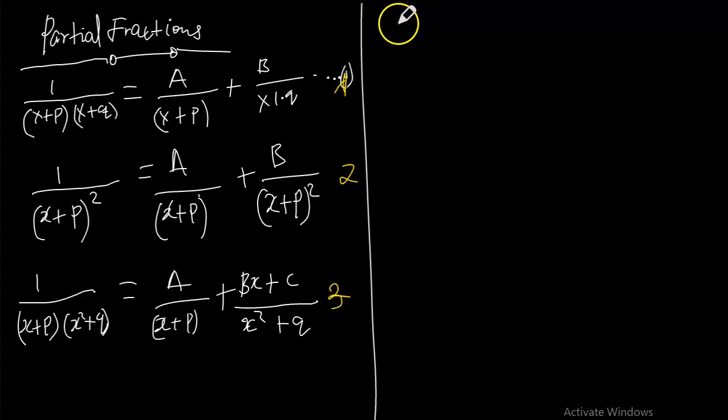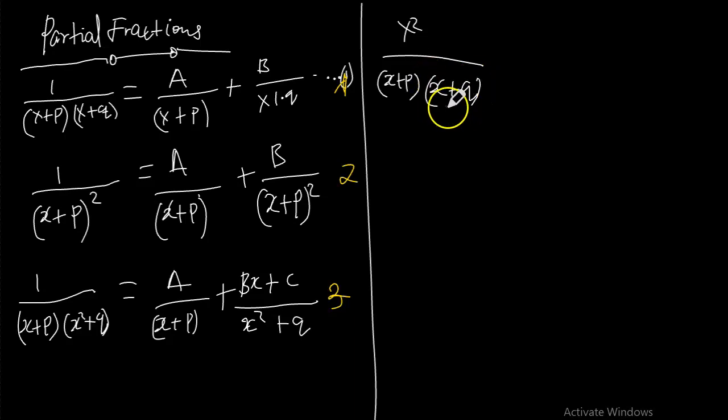So when you have x squared over x plus p into x plus q, this is an improper algebraic fraction, which can occur when a polynomial of degree greater than or equal to n is divided by another polynomial of degree n.